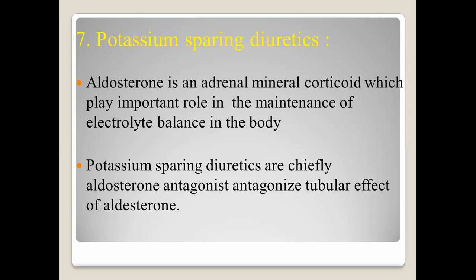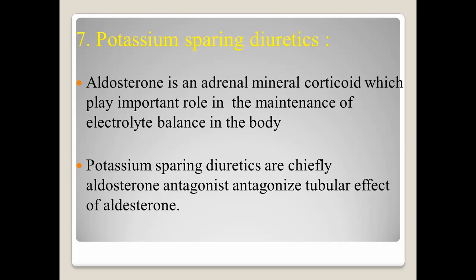Adrenal gland. Can anyone tell the location of the adrenal gland? Upper side of the kidney. So in this area, corticosteroids are the hormones secreted in the cortex part. In the cortex, some hormones or steroids are present, known as corticoids.